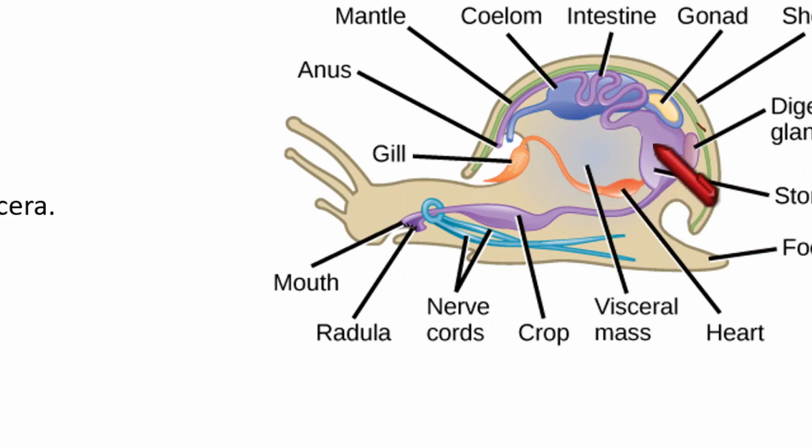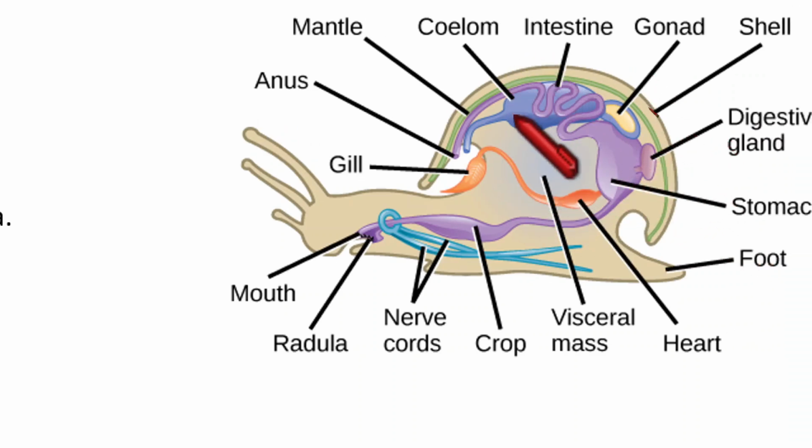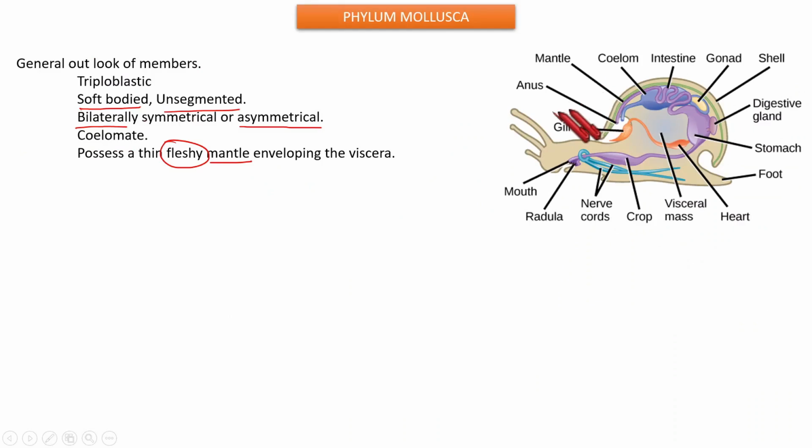Visceral body part means stomach, digestive organs. Visceral means soft internal organs. So all the soft internal organs are covered by a fleshy layer called the mantle. So that is a distinguishable feature of this phylum, the fleshy mantle.